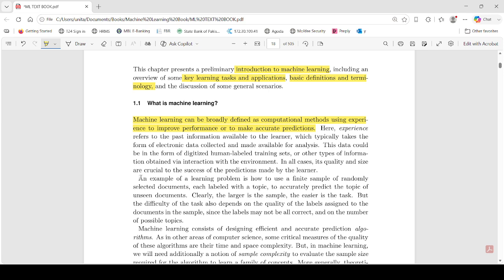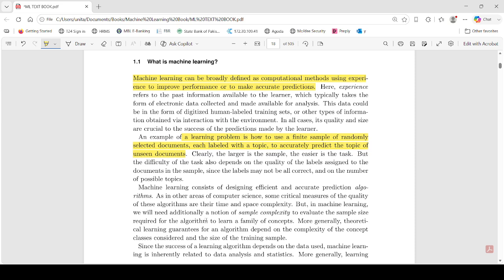For example, our learning problem is how to use a finite sample of randomly selected documents, each labeled with a topic, to accurately predict the topic of an unseen document. Clearly, the larger the sample, the easier the task. But the difficulty of the task also depends on the quality of the labels assigned to the documents in the sample, since the labels may not all be correct, and on the number of possible topics.